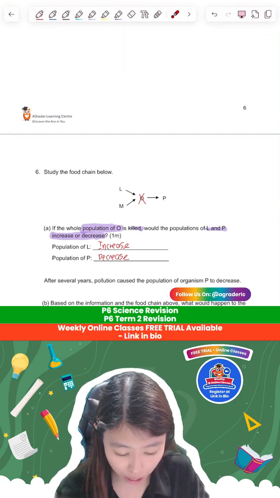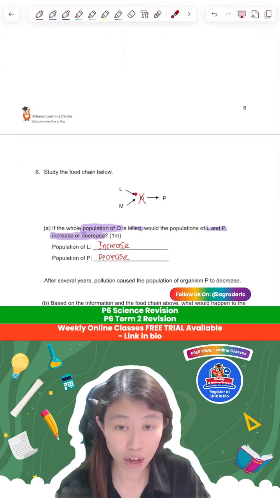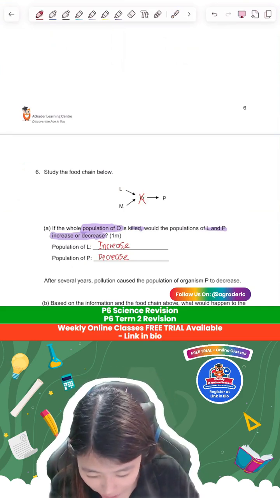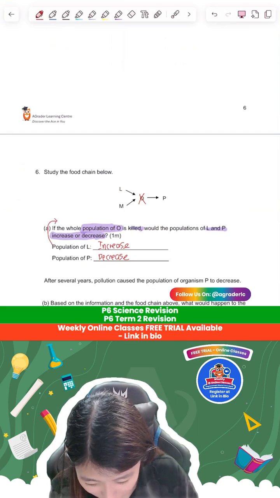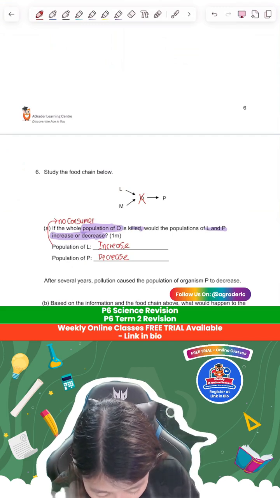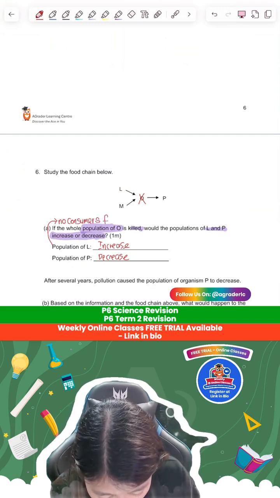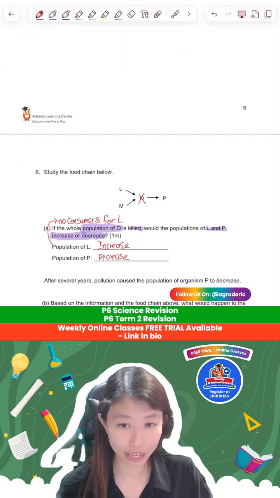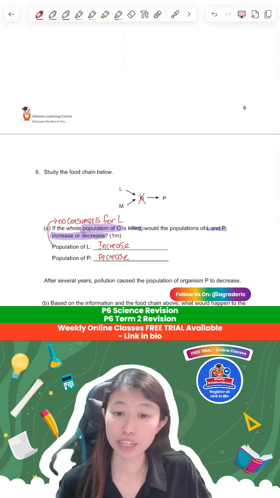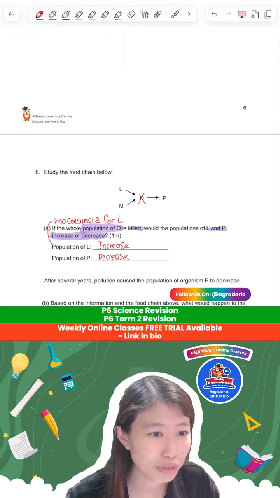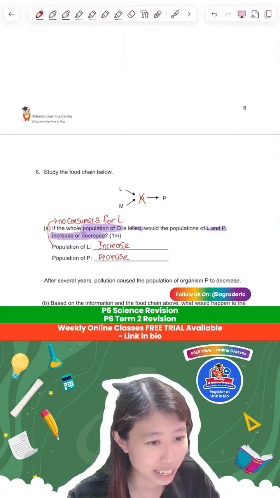Because you can see from this arrow that L is eaten up by O. So when there are no more organisms consuming L, they can survive better, they will increase. Very good. Thank you, Foxy. Thank you, Jarek. Those of you who sent in your answers, thank you.